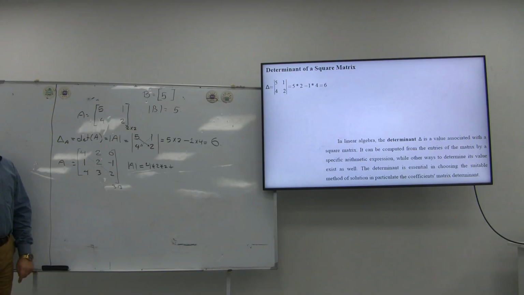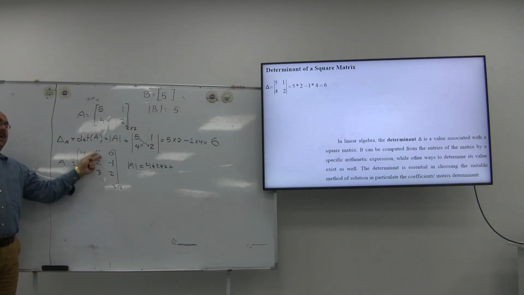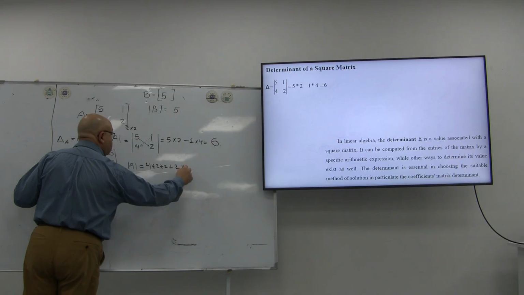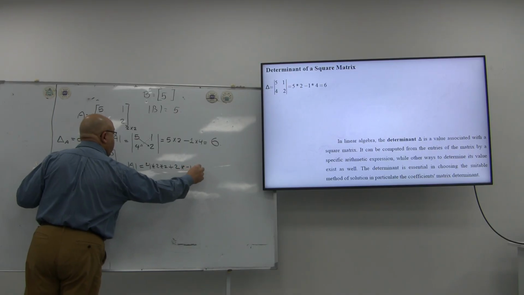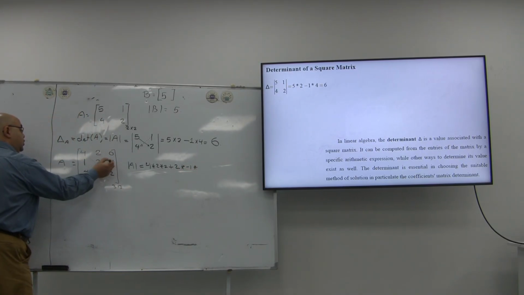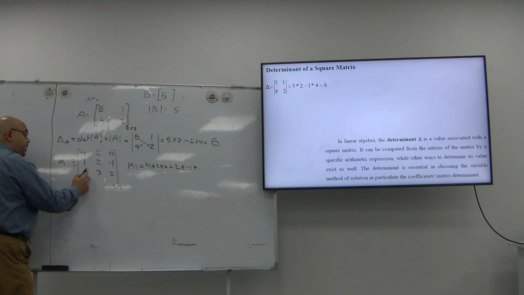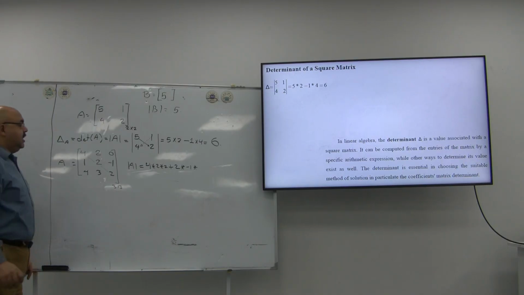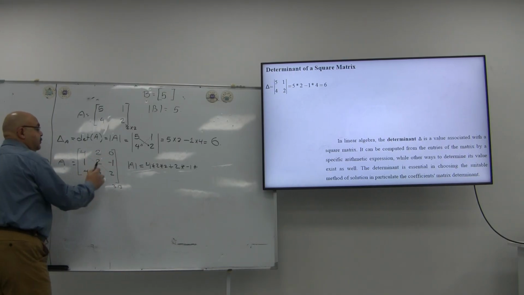Once more, I will multiply the 2 numbers parallel to the diagonal, which are the base of the upper triangle, which is 2 times negative 1, by this value, which is the vertex of the lower triangle. So it's going to be 2 times negative 1 times 4.